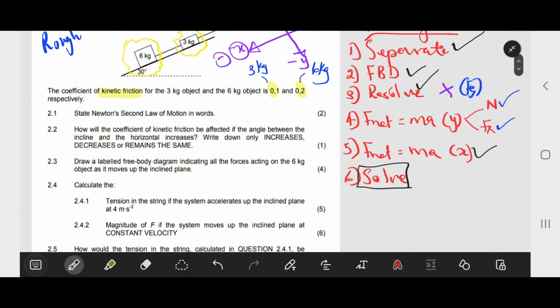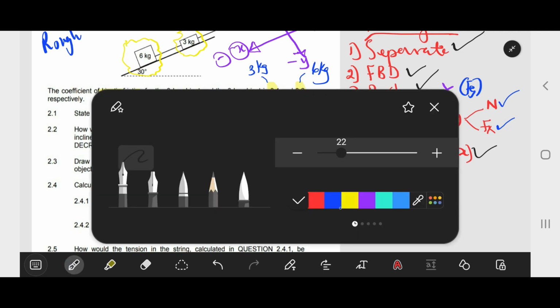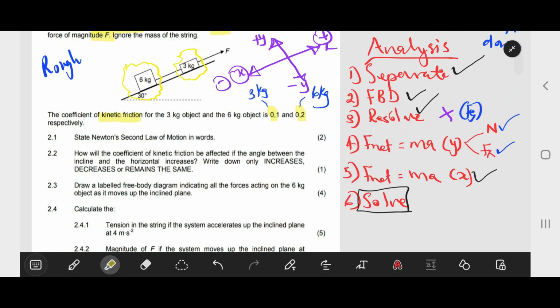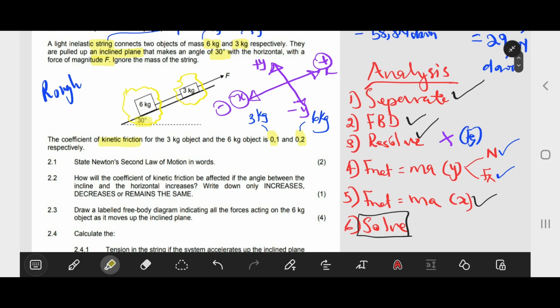Okay, so that was 2.1. And 2.2, how will the coefficient of kinetic friction be affected if the angle between the incline and the horizontal increases? So now this question is based on the relationship between this angle and the coefficient of kinetic friction. And remember, the coefficient of kinetic friction is a surface property. It depends on the surface and the material that was used to make that surface, and it does not depend on this angle of inclination.